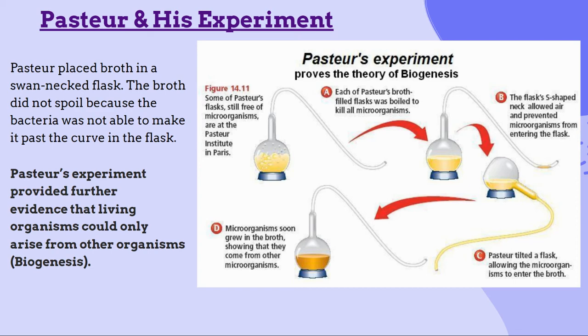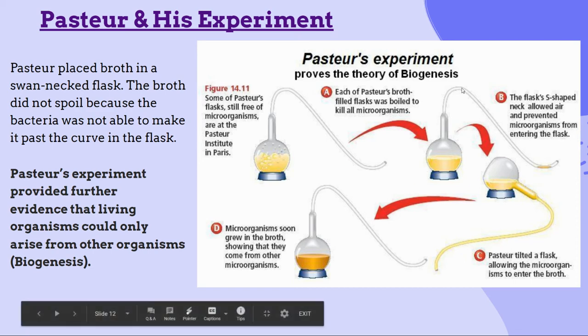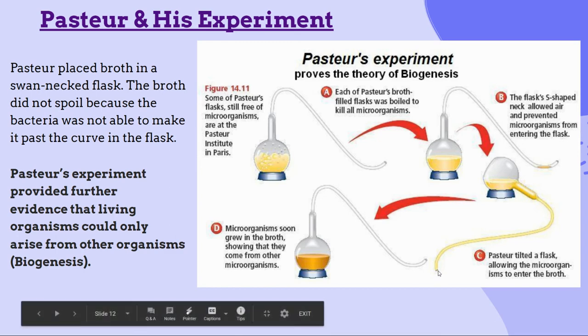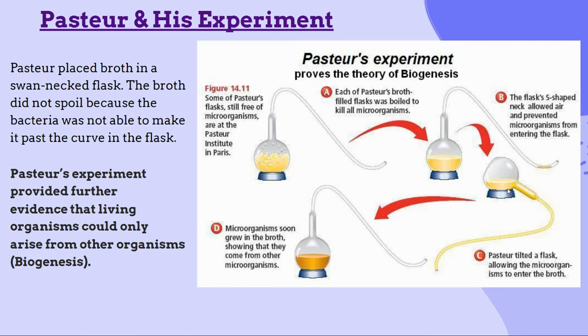And the other one was tilted, allowing stuff to enter the broth. So if you're looking at it here, this is the one that he left straight up so things couldn't get in. And this is the one that he let things get in. What you have to understand is this one that had the neck laying down, organisms were able to get in and then they grew in the broth.